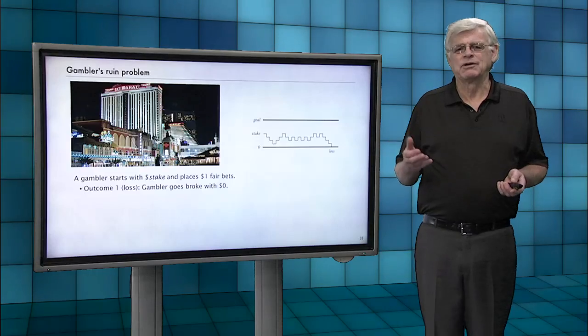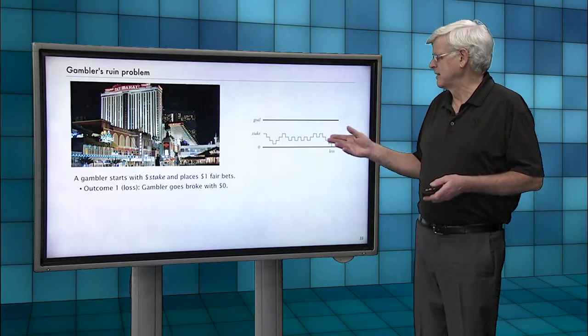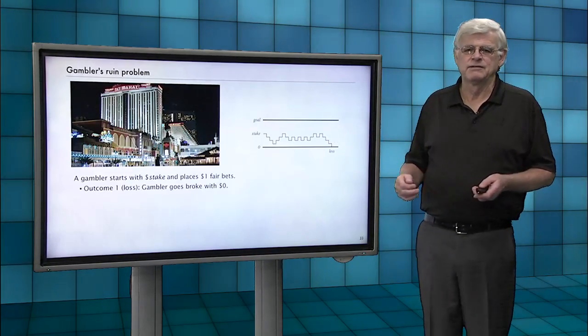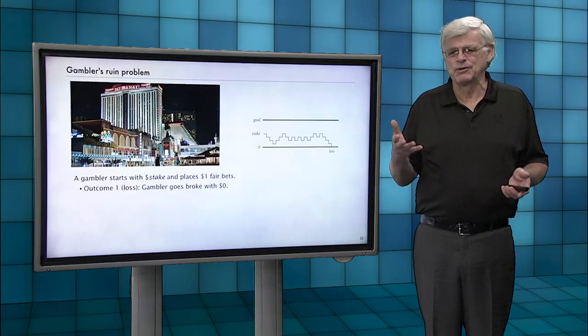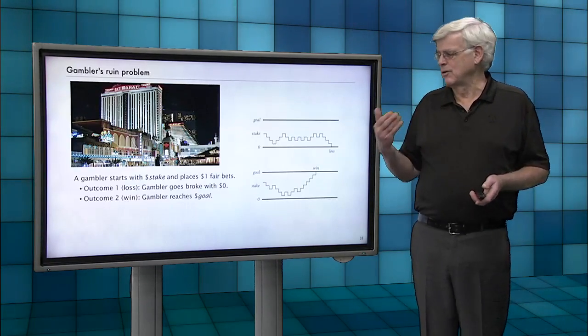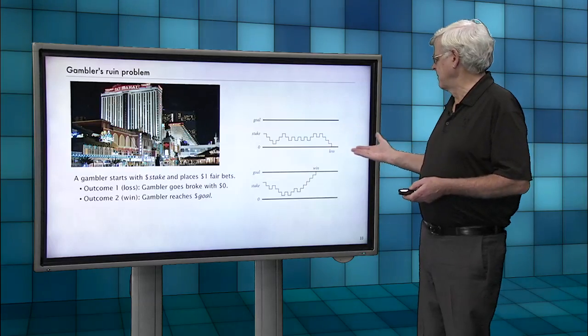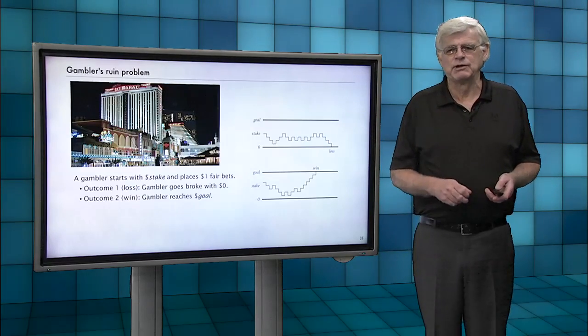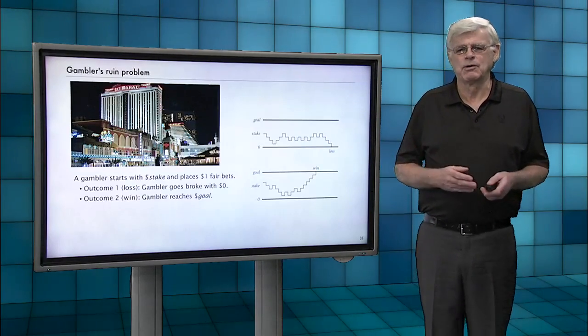There are two possible outcomes. One is that the gambler runs out of money. We'll call that a loss. Gambler goes broke. And the other outcome, we'll say the gambler sets a goal, and the outcome is that he actually reaches the goal before going broke.